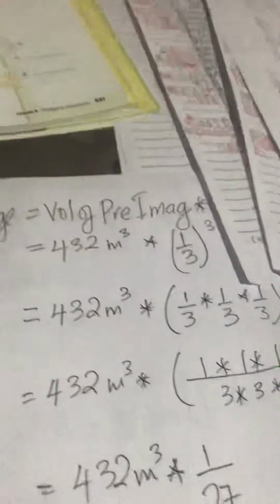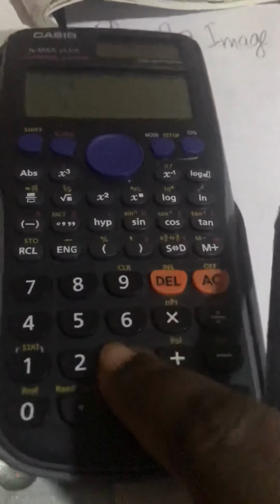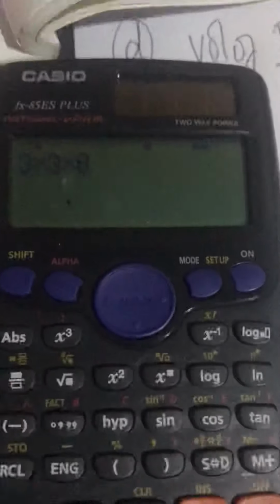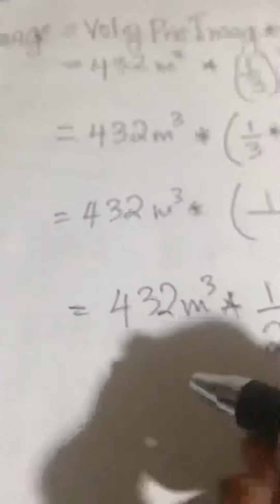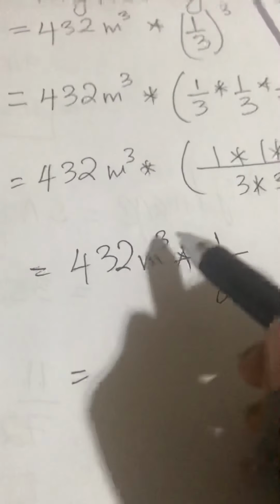How do I know it is 27? 3 times 3 is 9. 9 times 3 is 27. Or you do it over there. But you should know this. See? 27.